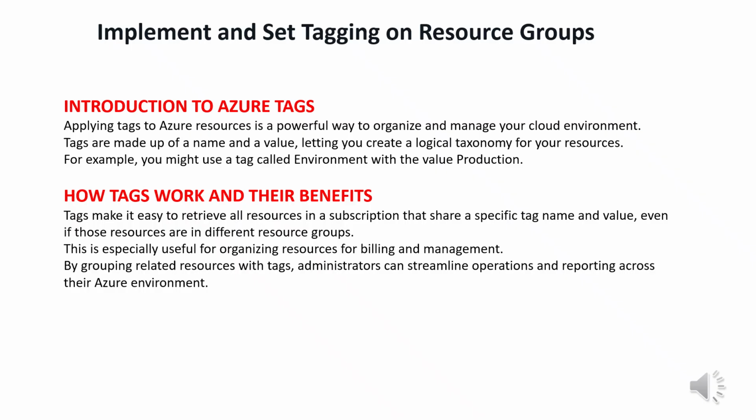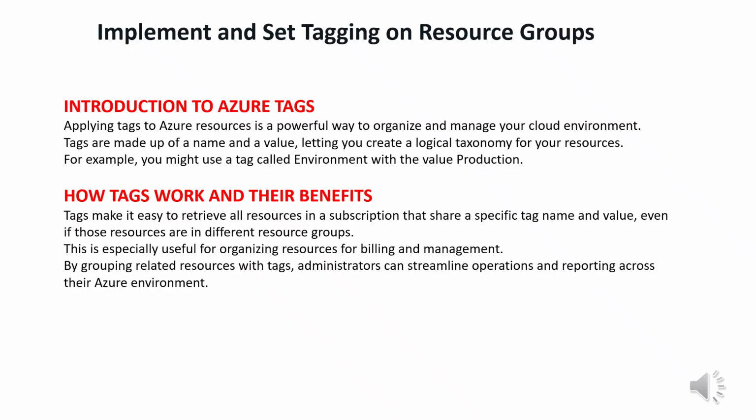Applying tags to Azure resources is a powerful way to organize and manage your cloud environment. Tags are made up of a name and a value, letting you create a logical taxonomy for your resources. For example, you might use a tag called environment with the value production.